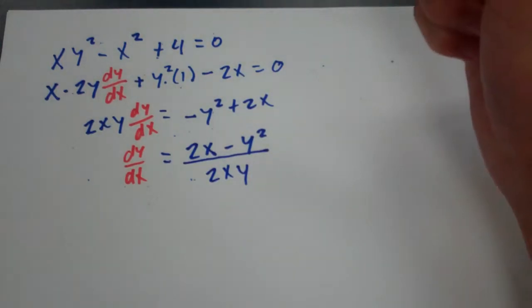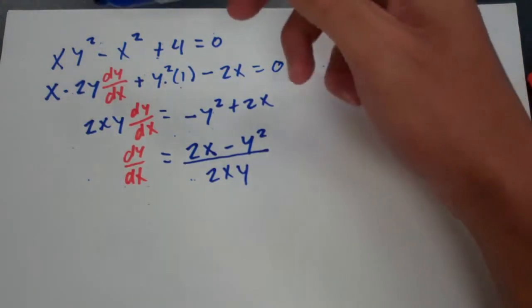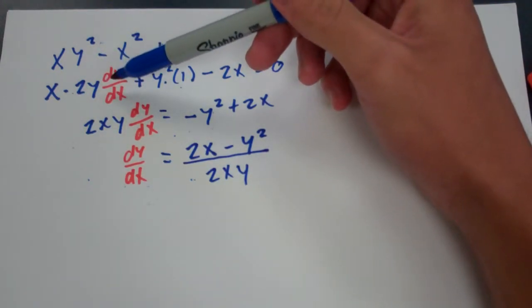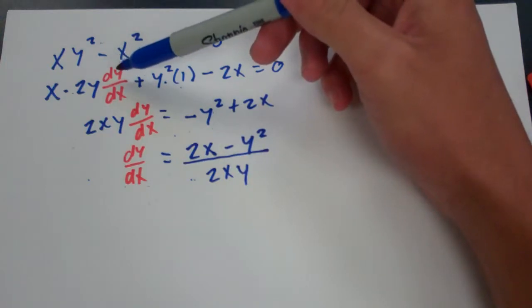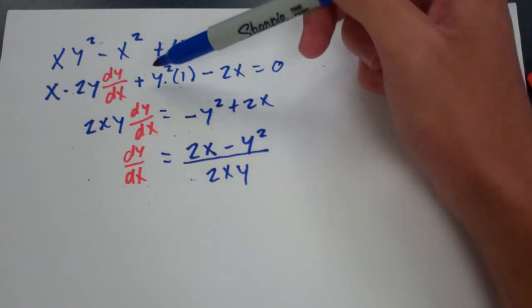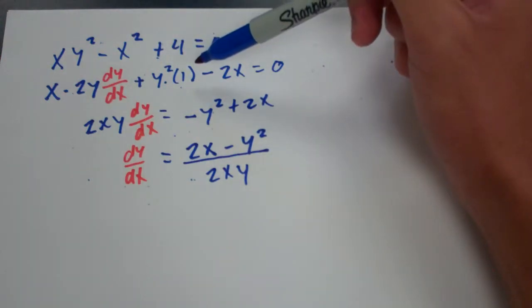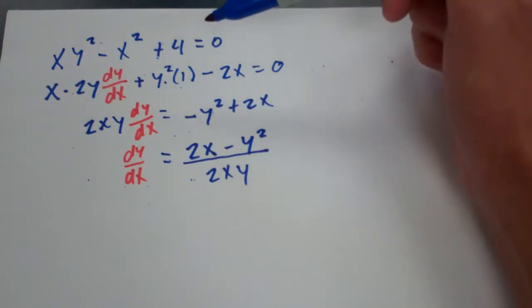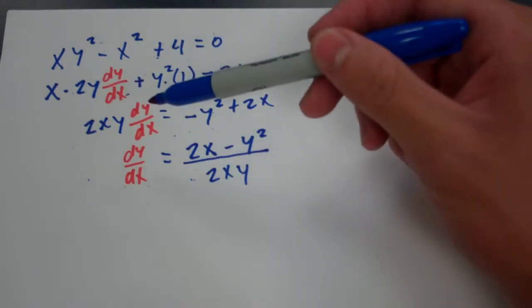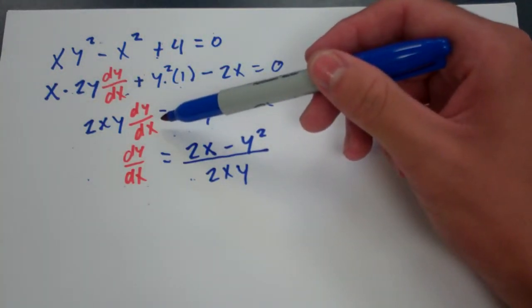So notice, again, a quick recap. I used the product rule here, and wherever I took the derivative of y, I basically tagged on a dy dx, and you have to do that whenever you're taking the derivative with respect to another variable. Okay, and then once I found that, I solved it just like it was a linear equation.